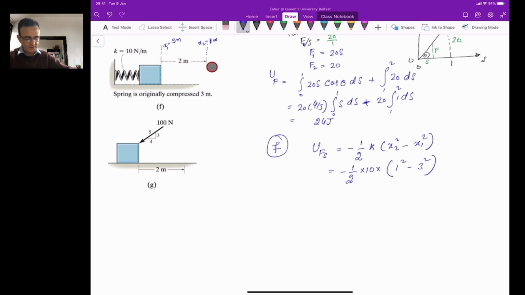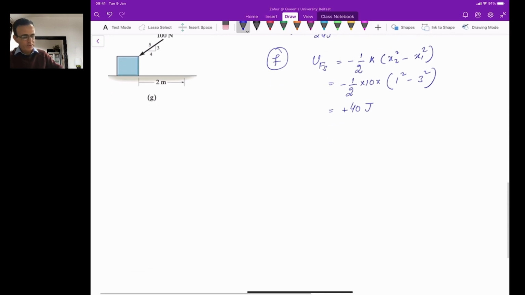So this means that the spring at this position is still compressed 1 meter. And here you have x2 minus x1, the final position minus the initial position. And then from this equation, you can calculate the value, which will become 40 J.